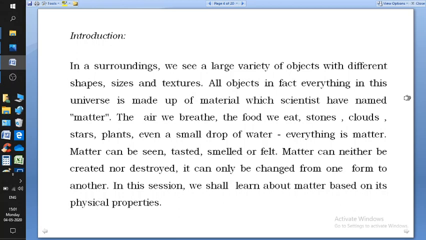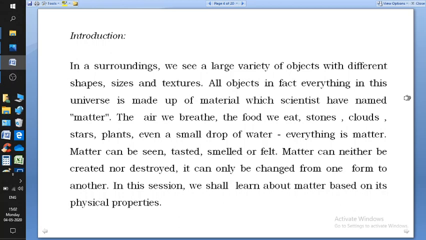The air we breathe, the food we eat, stones, clouds, stars, plants, even a small drop of water. Everything is matter. Matter can be seen, tasted, smelled, or felt. Matter can neither be created nor destroyed. It can only be changed from one form to another. And we're going to see all these things with examples.